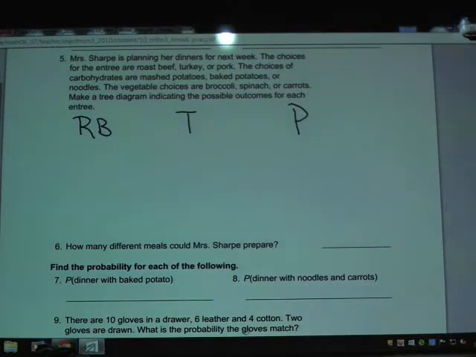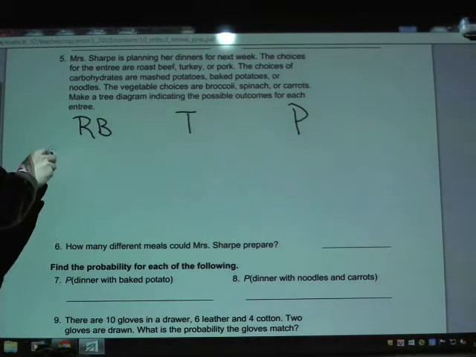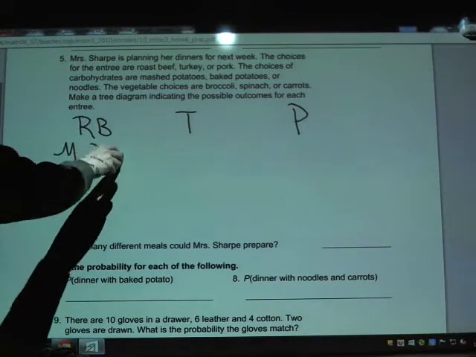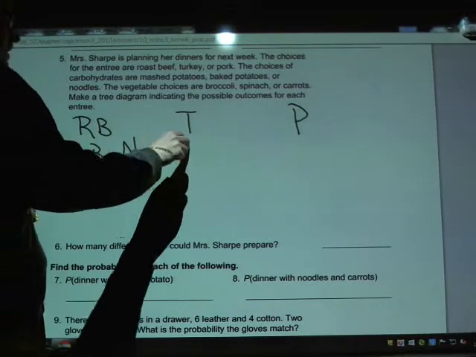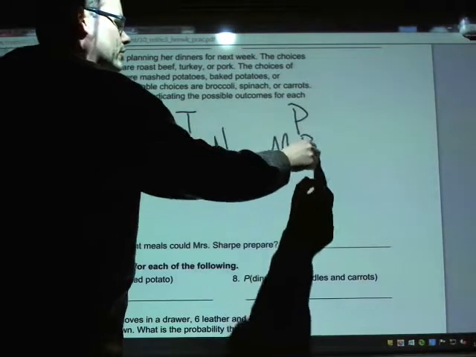I'm going to continue to abbreviate just because it's less writing, and if I write these all out, it's going to take up that space pretty quickly. Again, each choice has to be listed above every choice that's in the level above it. So each one of those choices has to be listed underneath each one of these. So we've got mashed and baked in terms of potatoes, and then noodles. And again, that's got to be listed underneath each choice.